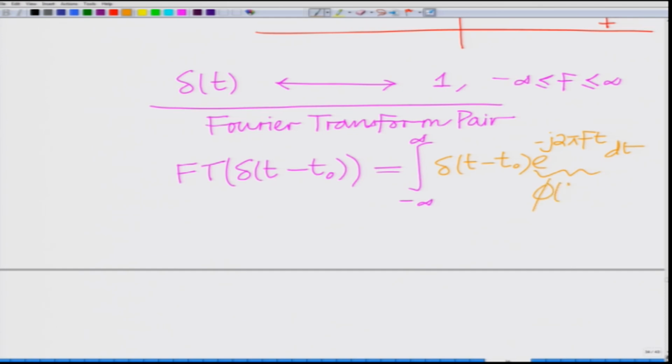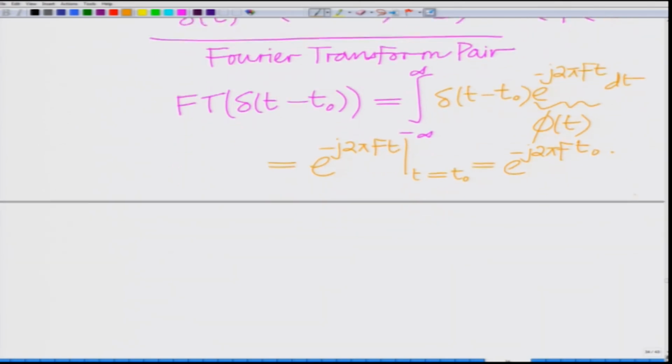Once again, this is your phi of t from the previous properties. So this is e to the power of minus j 2 pi f t evaluated at t equal to t naught, that is, e to the power of minus j 2 pi f t naught.